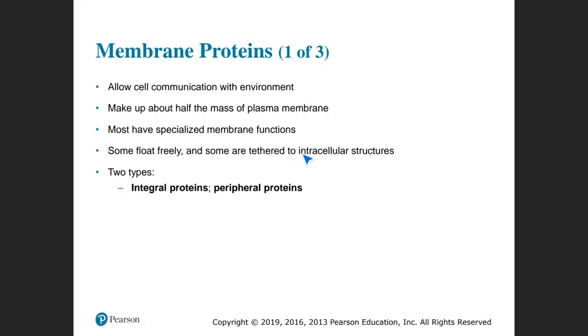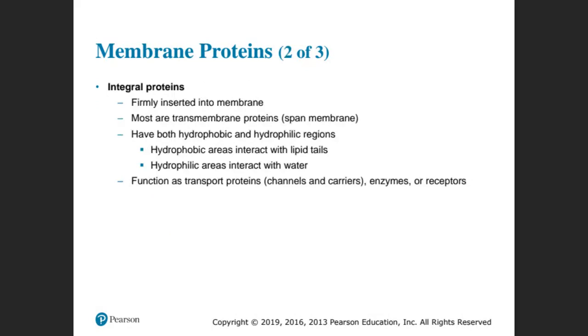Some of them are tethered or anchored down to intracellular structures. So there are two types of membrane proteins. Integral proteins are all the way through the plasma membrane, so they're embedded and go through both layers of the bilayer. And then peripheral proteins are just on the periphery and extend from one side of the membrane.